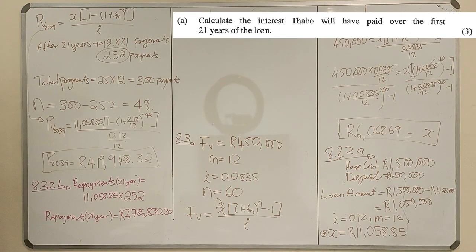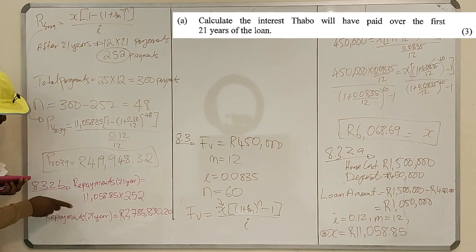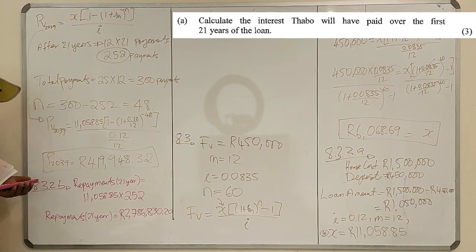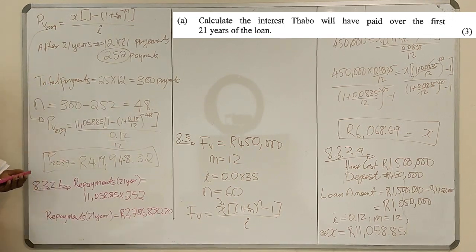But then his balance at that time is this, which is he's still owing the bank this amount. Do you understand that? The amount that he paid into the account after 21 years is 2.7 million here.